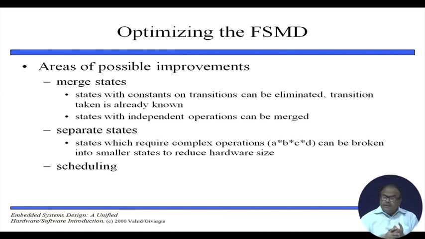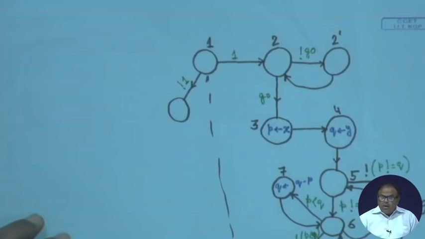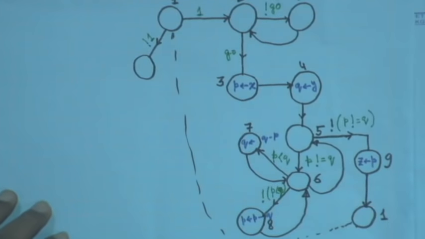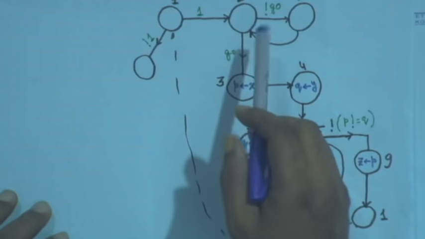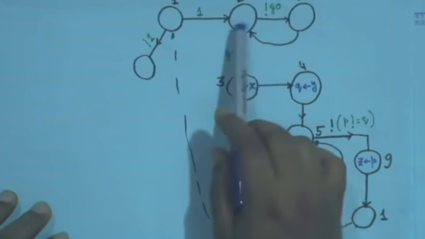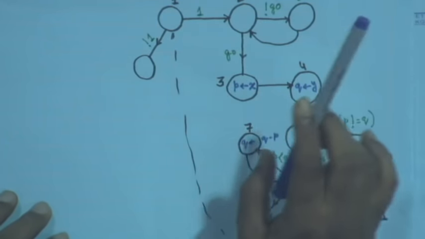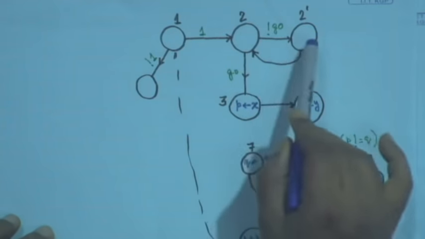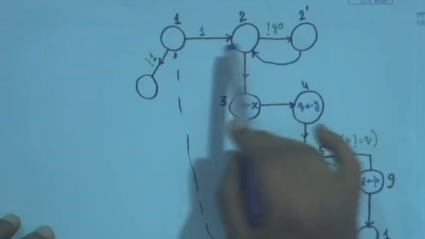The next stage is we can optimize the FSMD itself. When I had drawn this FSMD, I did not bother about minimizing the states, whether anything useful is being done in between in the states or in between the states.